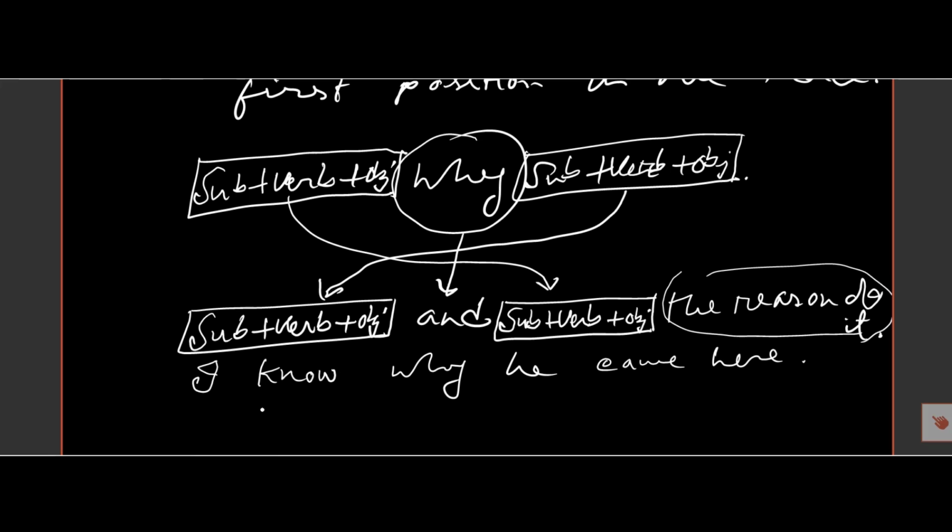So we must begin with this part: He came here. And instead of y we must put "and". He came here and then the first part before y, we must write after "and": I know.